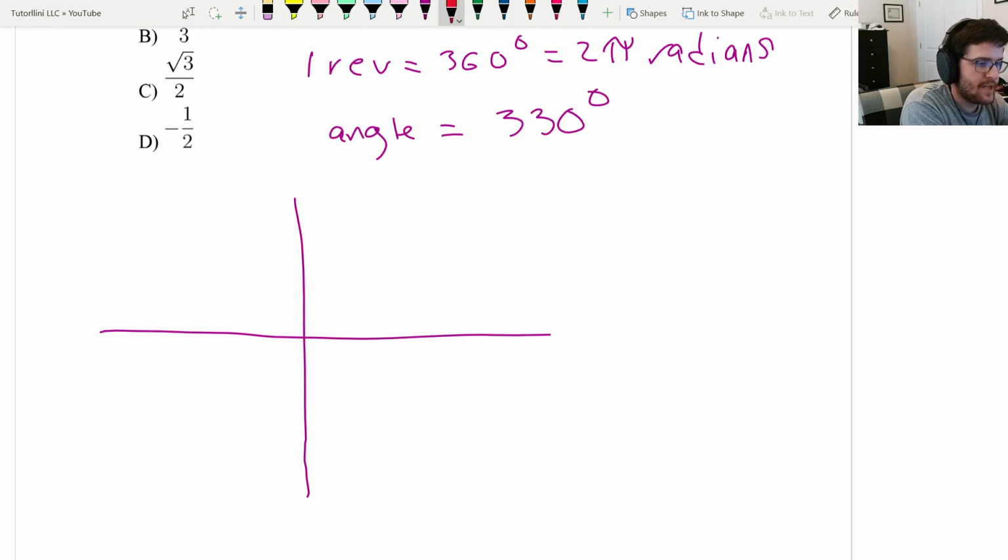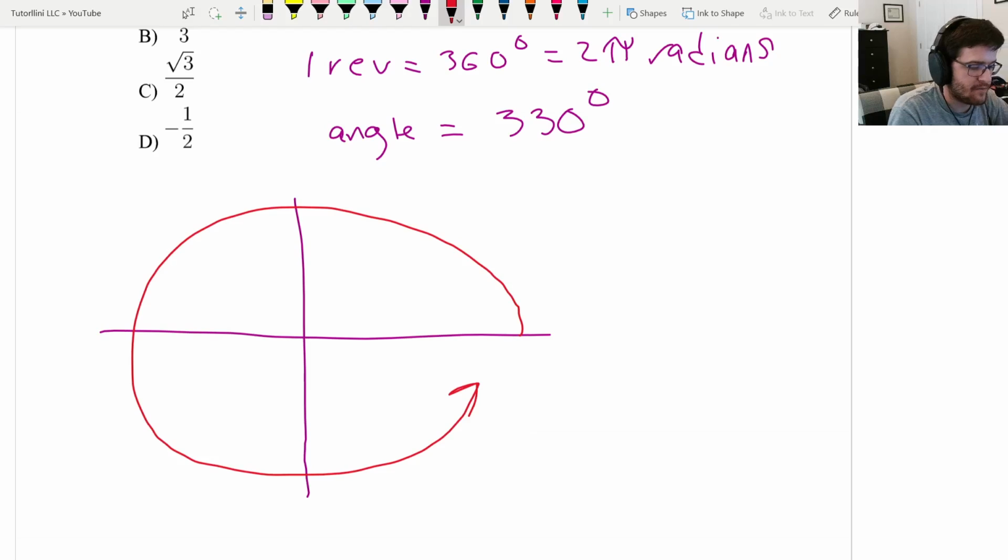Here's 0. I'm going to go counterclockwise: 90, 180, 270. Okay, 330 is going to be right there. So let's draw that. And we're going to draw a reference triangle with the x-axis.